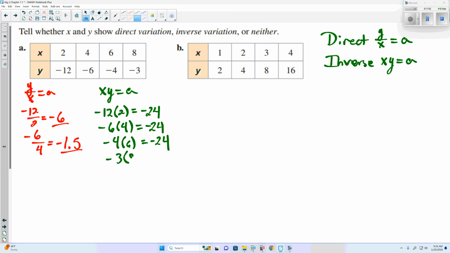And lastly, negative 3 times 8 is, so this here is inverse. And that's it. The nice thing is if, just like with direct, as soon as one of those numbers doesn't match, we're done. We don't have to check them all. Because the other two could have worked fine with direct, but since one of them doesn't, not direct. But we do need to make sure to check all of them if it is working.